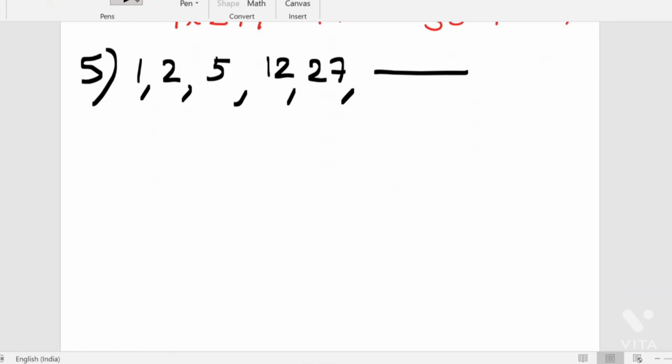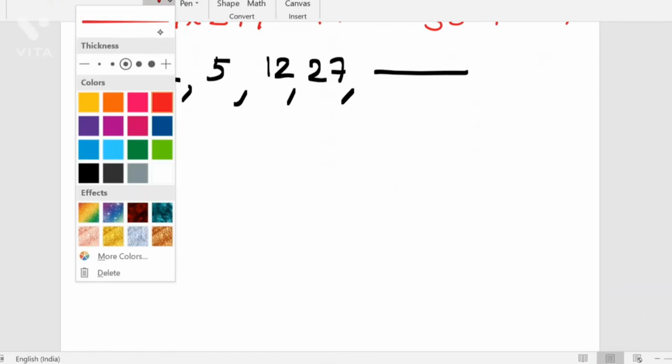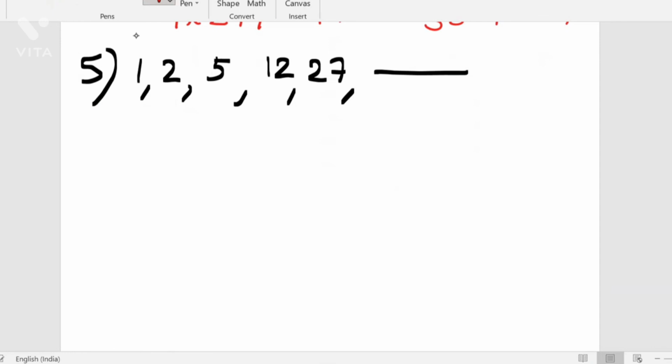So what is the relation between these? Some addition is happening here. So that means 1 into 2 plus 0 for this.